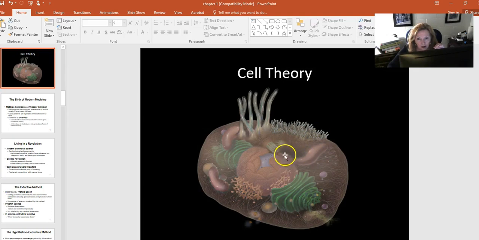You are the combination of all of your cells carrying out these life processes, and as a multi-celled organism, they're communicating with each other. And it needs to be working. So the first premise is that the cell is alive, and it's the smallest thing that's alive.